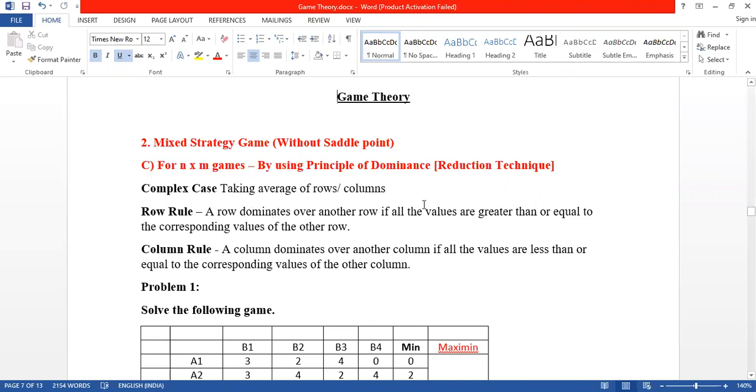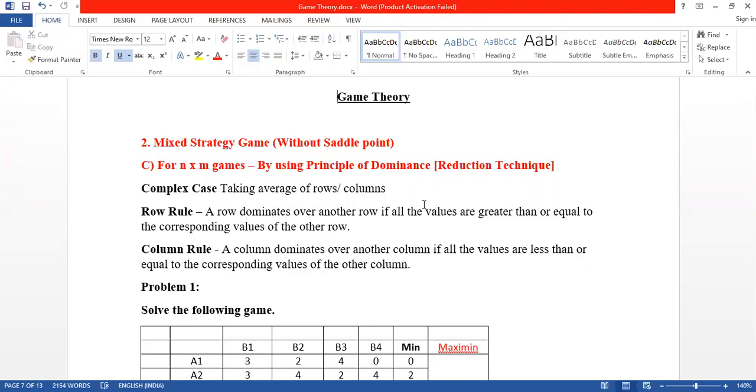Because during the solution, you could find a particular row which was dominating over another particular row. Similarly, we could find a particular column which was dominating over another particular column.